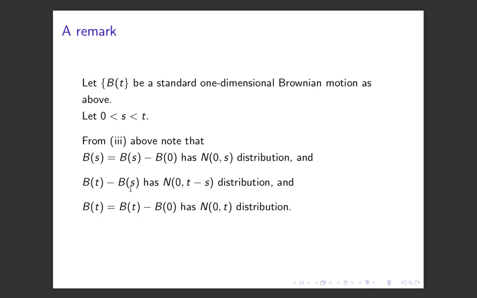And Bt minus Bs, the time difference between these two time points being t minus s, has the normal distribution with mean 0 and variance t minus s. And similar to the first statement here, Bt has a normal distribution with mean 0 and variance t.